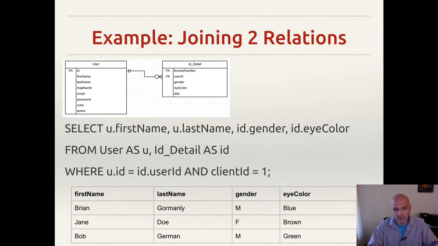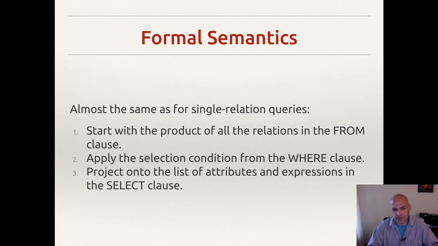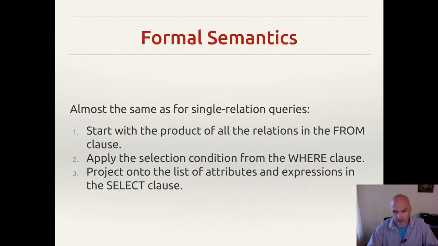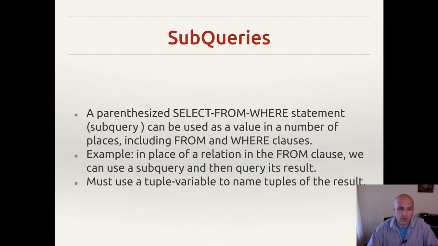And then from there, we do the attribute projection. So we take those rows that were returned and we use projection to eliminate the columns that we don't want, right? So we're going to have just the u.first name, the u.last name, the id.gender, and the id.eye color. And that's how we end up with our result.